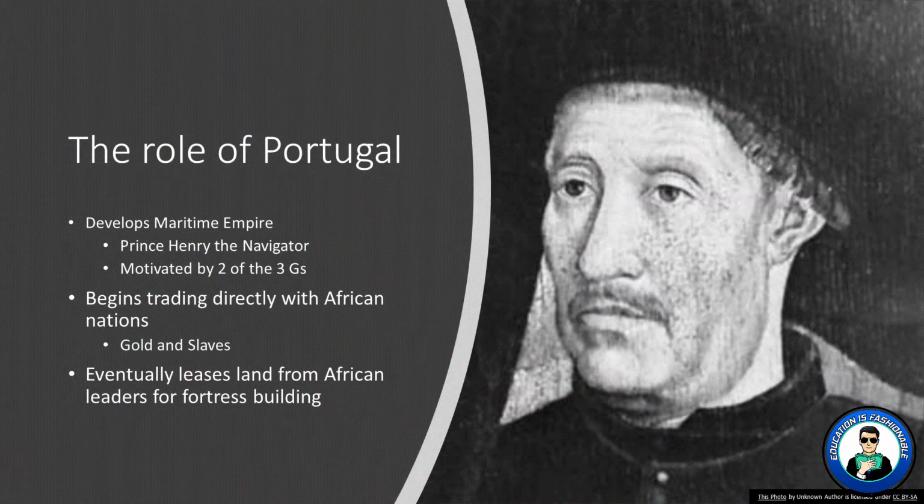Okay, so let's talk about the role of Portugal, and the main person we're going to focus on here is Prince Henry the Navigator, who was behind much of the European expansion. Portugal has some of those motivations we talked about earlier. It's not so much glory, but it's God and gold. They're looking for trading partners to enrich their kingdom, and they're also looking to spread the word of Jesus.